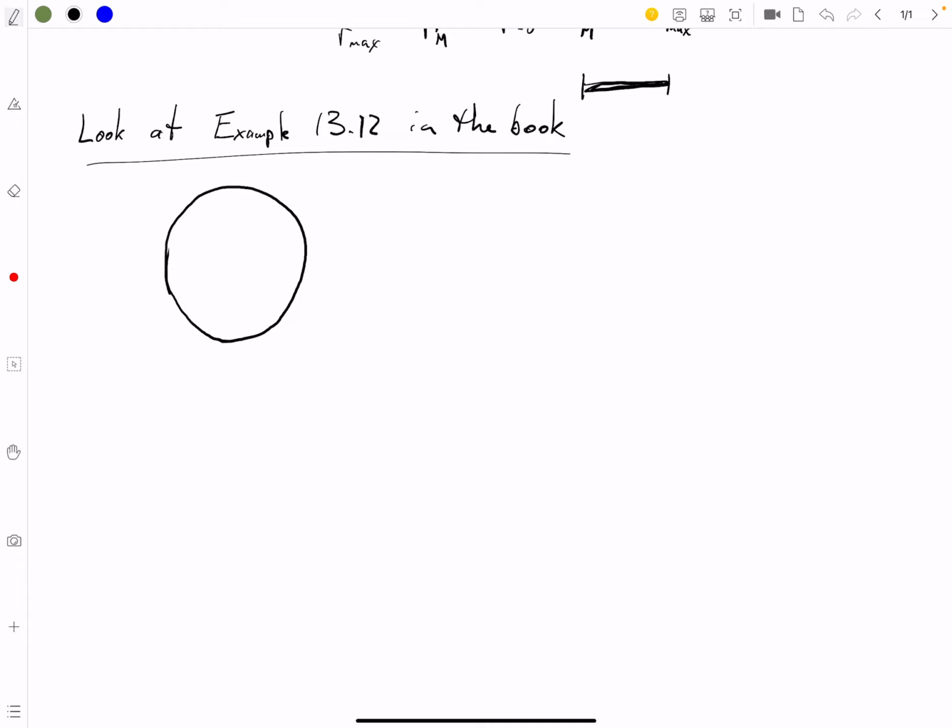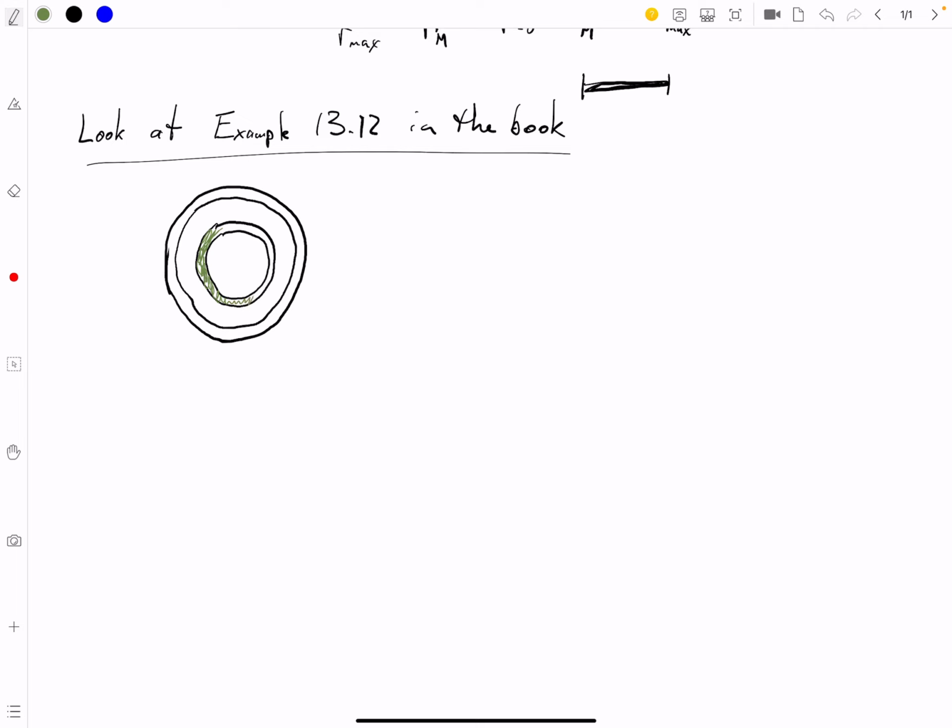Okay. So we've got a couple of circles here, and if I could do a compass on a touch screen, that would be awesome. But pretend these are perfect circles, and there's only mass. We'll make it this color. There's only mass here.